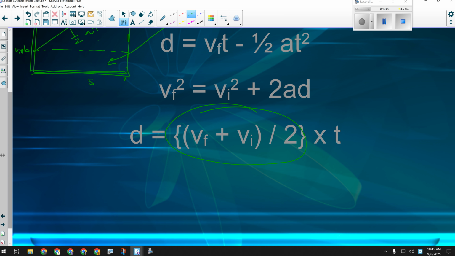Close. If I ask you to add two things together and divide by 2, you're essentially calculating their average. Right? If I ask you to add 3 things together and divide by 3, you'd be calculating their average. Agreed? So if I take the final velocity, add the initial velocity, then divide by 2, is that finding the height of the triangle? Right? Kind of. It's calculating the average velocity. Well, if this whole thing here is average velocity, and I'm just multiplying that by time, well, no wonder it calculates displacement.